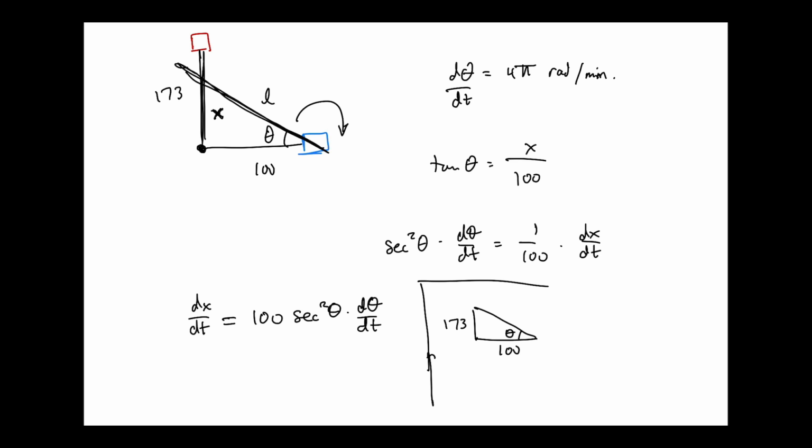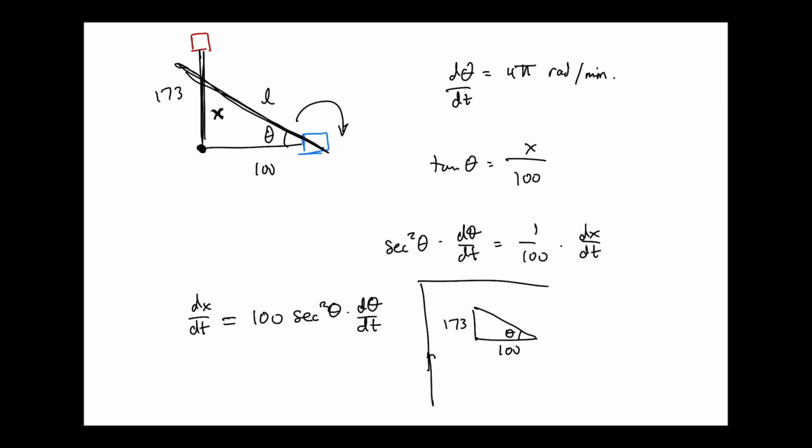Okay, so in that triangle, we need to compute what is secant squared of theta. Well, what is secant of theta in general? What is secant defined as? 1 over cosine. So if cosine is adjacent over hypotenuse, then secant is hypotenuse over adjacent.